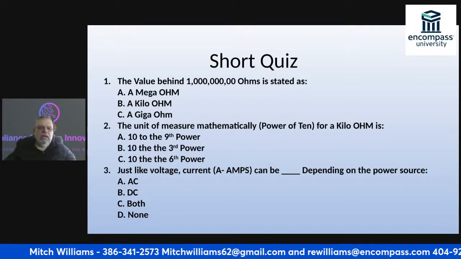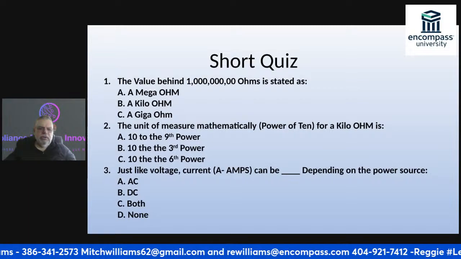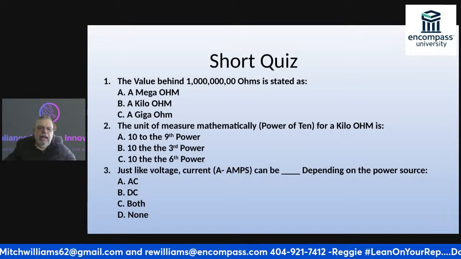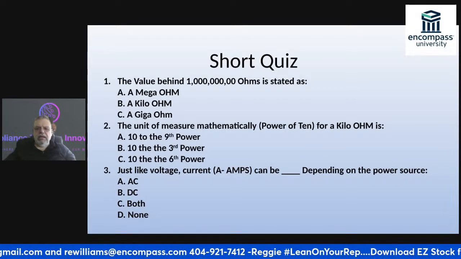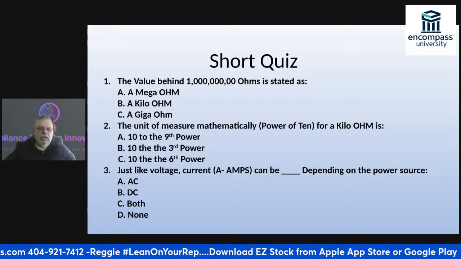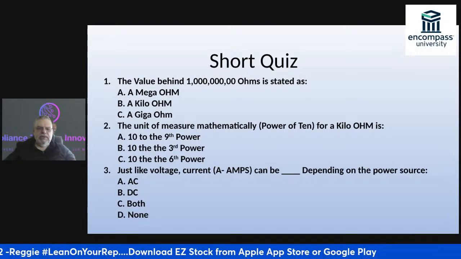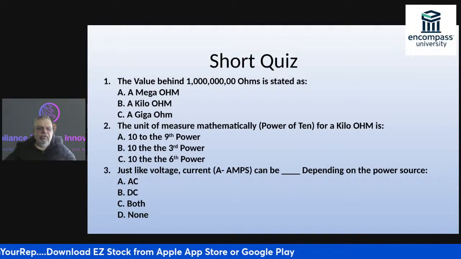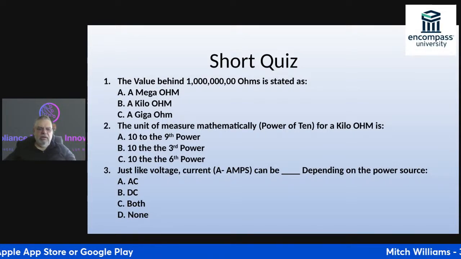Okay, just like AC voltage, just like current, amps can be blank depending on the power source. Could be, is it AC? Is it DC? Is it both? Is it both A and B, or is it none of the answers?